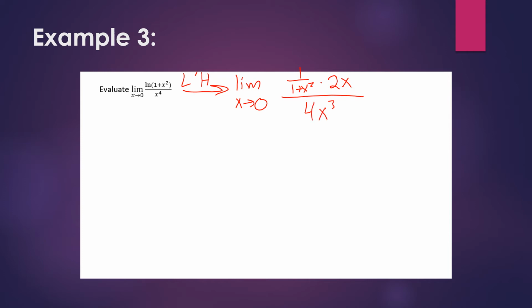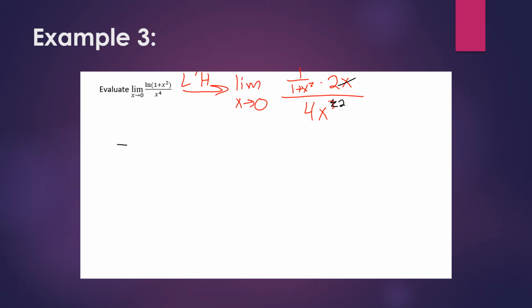Okay, so does anything cancel out? Well, there is an x in the numerator, and there is an x cubed in the denominator. So I can have this x, and this power would become a square. And let's see, does that help us at all here?